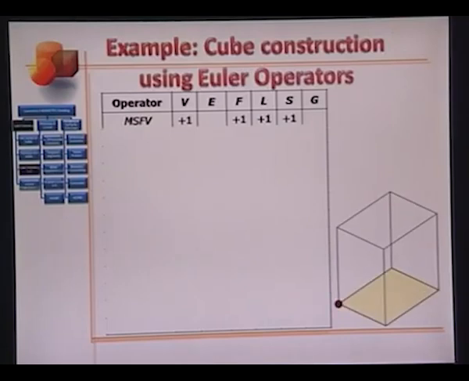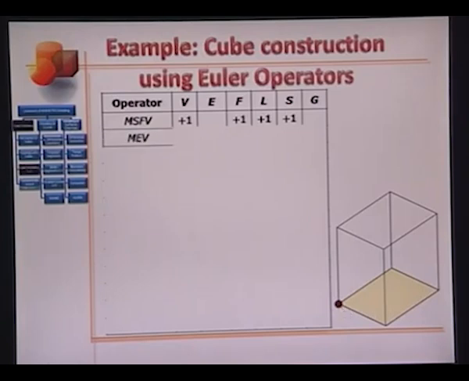What we have done is we have hypothetically constructed a shell. We still have to bind it with the enclosing faces, but for now let's assume that this is a hypothetical shell, and we have introduced a face at the bottom and a vertex right here.